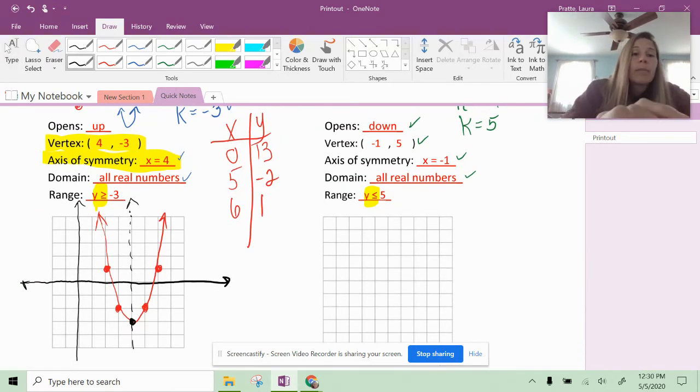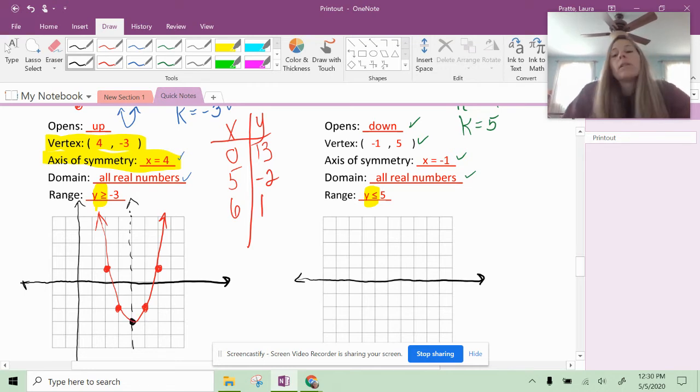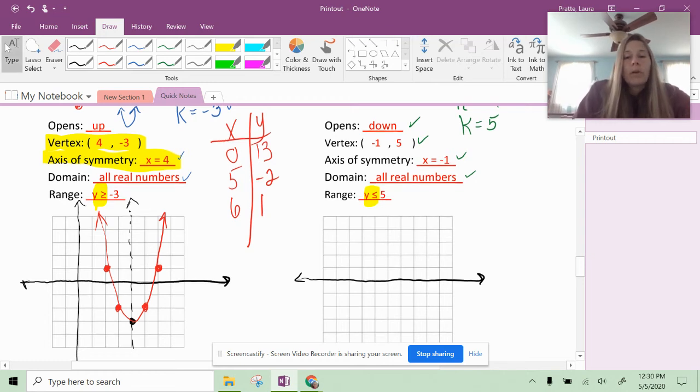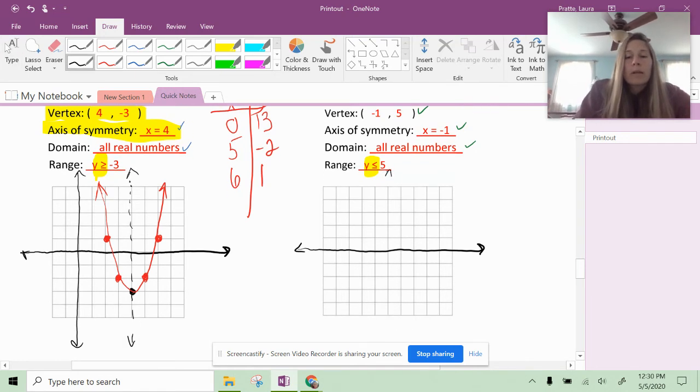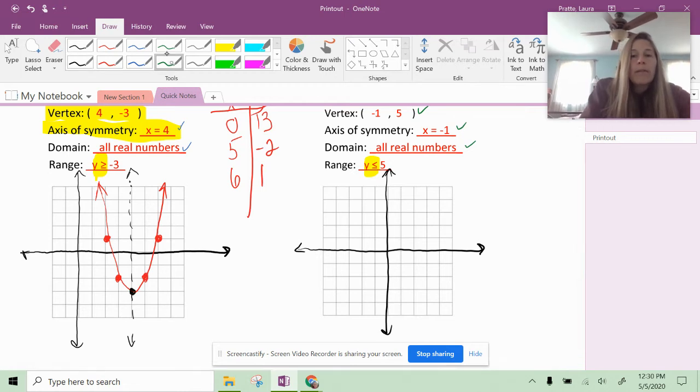So when I go to set up my grid here, 5, 4, 3, 2, 1, 0. I know I don't really need to go higher than that. And I'm just going to make my xy axis like this. Okay, so if I go to plot my first point, my vertex, I have (-1, 5), which is going to be right here.